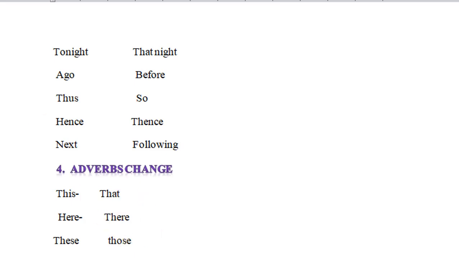"This" becomes "that". "Here" indicates place, so we report "there". This must also be changed, right?